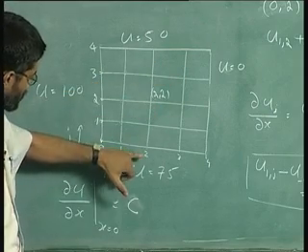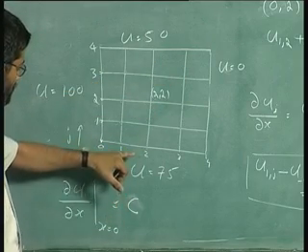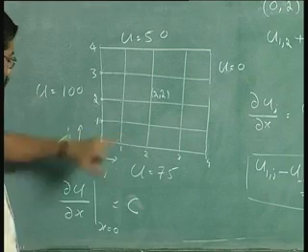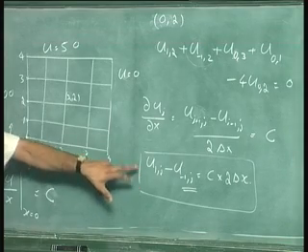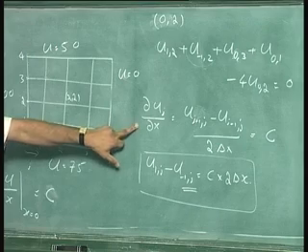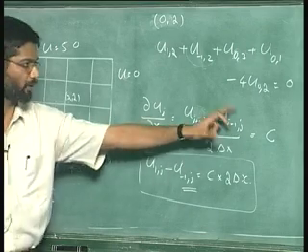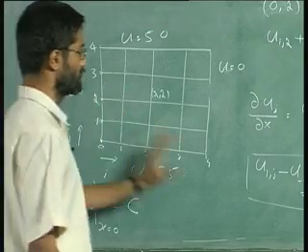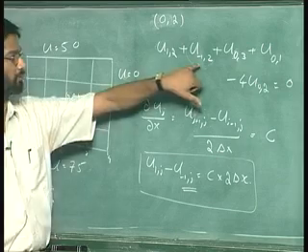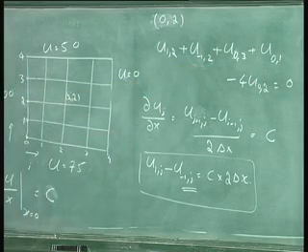Now if the boundary values of u are not specified, but its derivatives are specified, then you could use the difference equation for the derivative to obtain these fictitious points which are outside this grid, and then substitute them back into this equation.